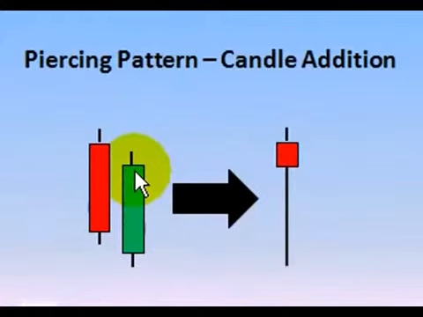The same two periods of price action can be displayed as a single candle representing double the time period. For example, two 5-minute candles could be represented by one single 10-minute candle. In this case, price opens here at the top of the red real body, which is equal to the open of the red real body here.